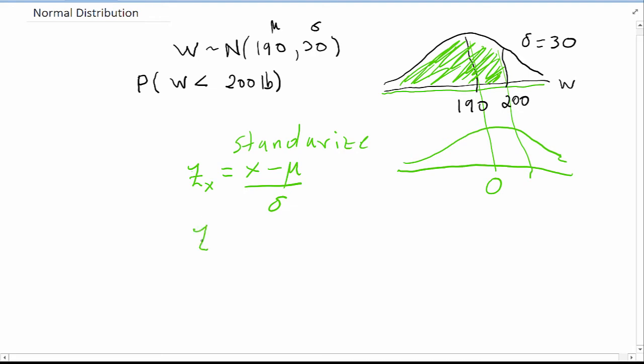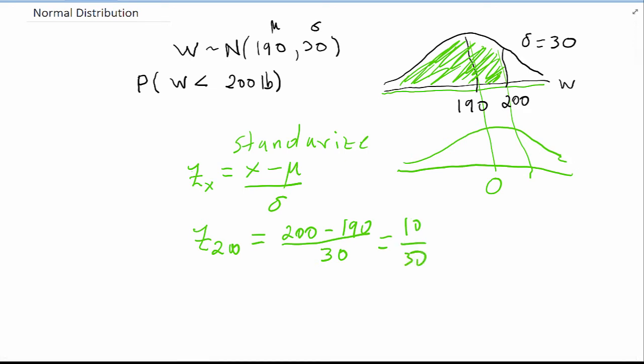So the z-score of 200 is going to be 200 minus 190 divided by 30. And that gives me 10 divided by 30, which is 1/3, or 0.33.